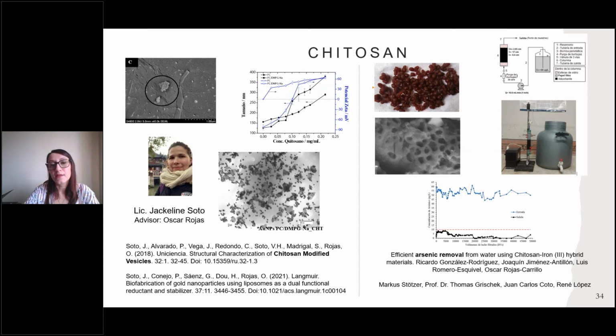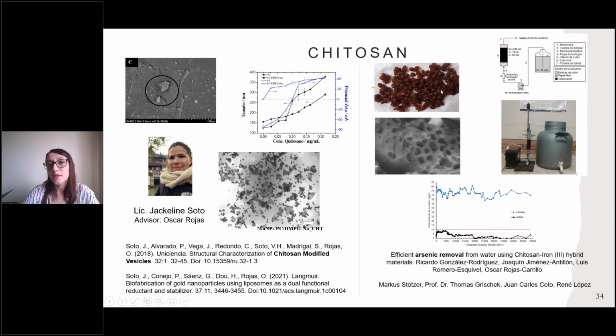Other applications we have been exploring are chitosan nanovesicles, and also chitosan nanovesicles as a mini reactor to get gold nanoparticles. Here are some images of the anisotropic gold nanoparticles that also can be applied, for example, as a detector of different substances that have been explored.